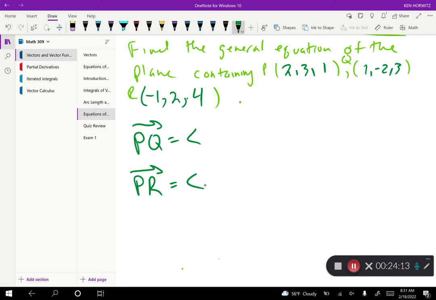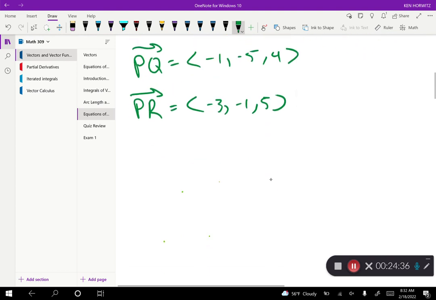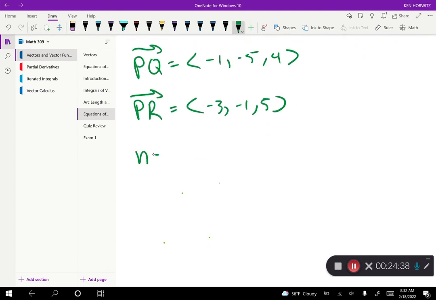All right, hopefully you paused that video. So I got vector PQ as negative 1, negative 5, and 4, and vector PR as negative 3, negative 1, 5. Now to get a vector normal to both, I need to do the cross product of vector PQ and vector PR.